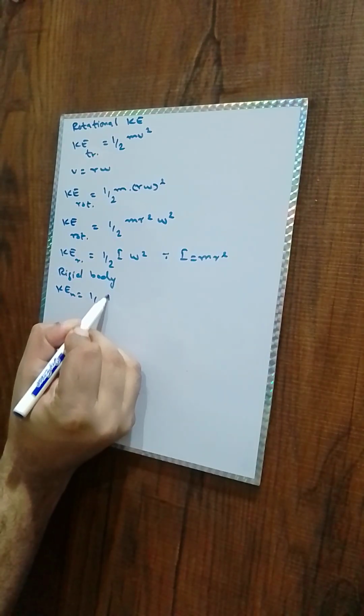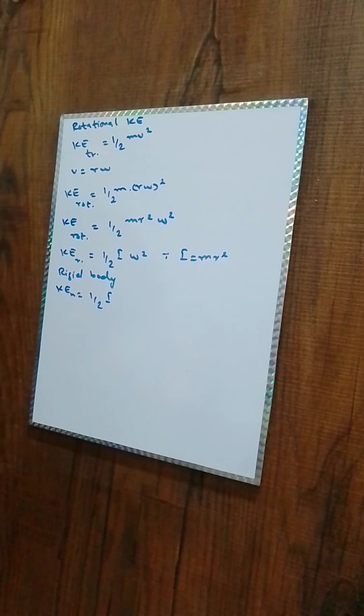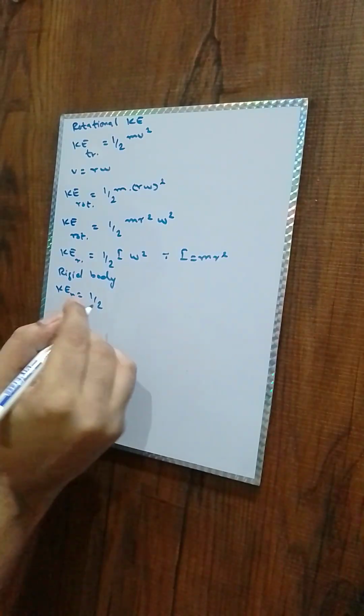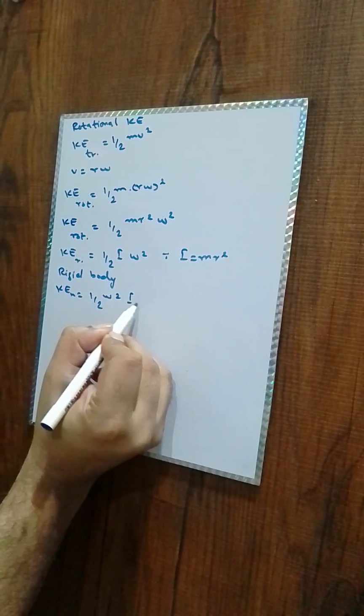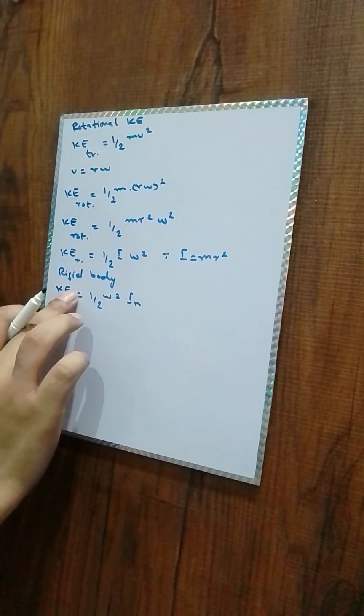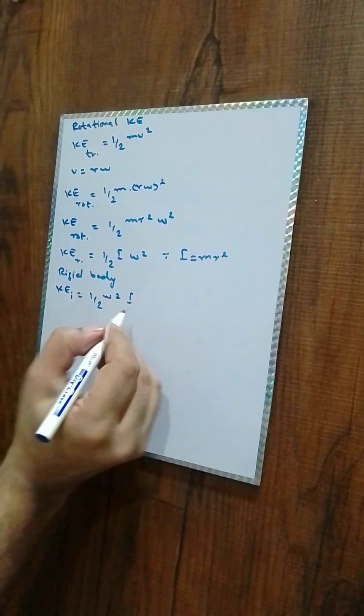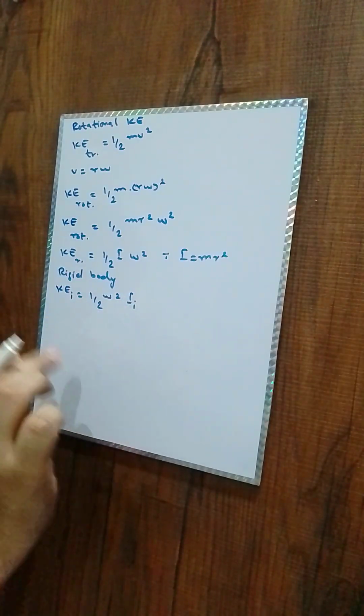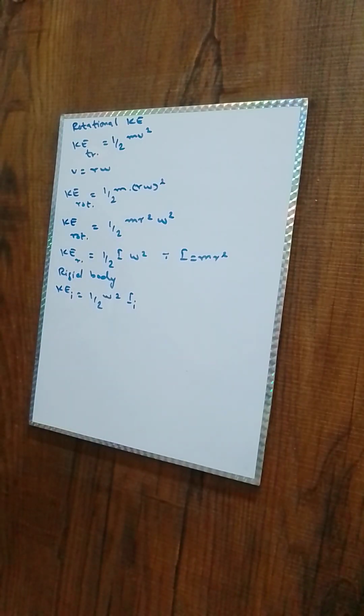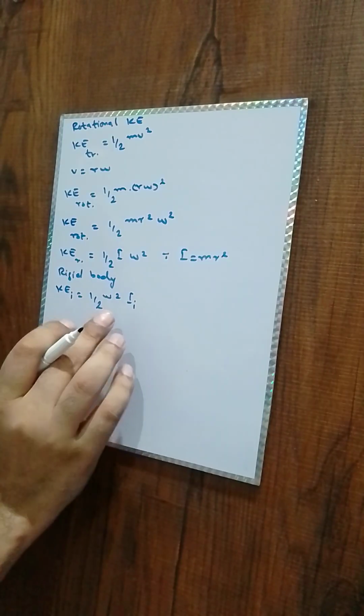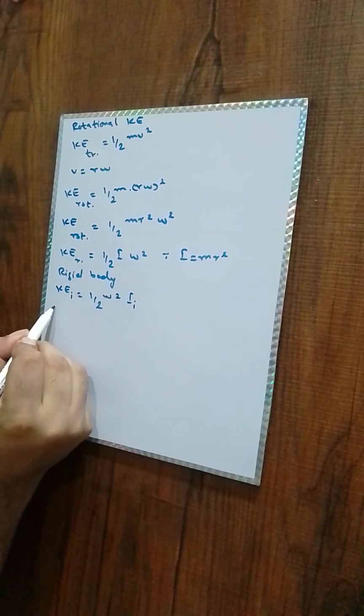For the nth differential, the kinetic energy is 1 by 2 omega square I n. In general form, for the differential mass, Kei is equal to 1 by 2 omega square, since angular velocity is approximately the same, times the moment of inertia of the differential.